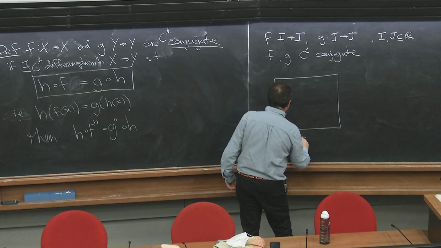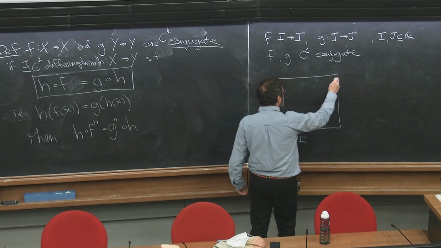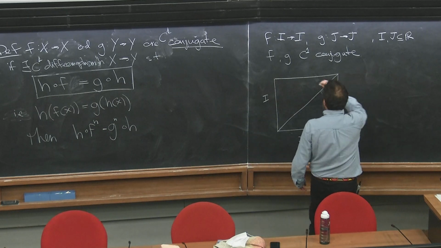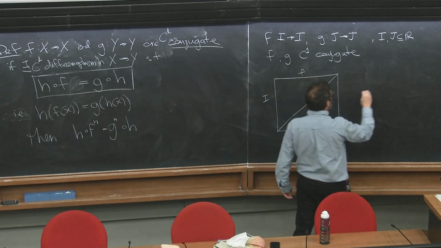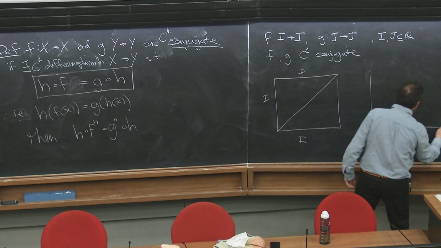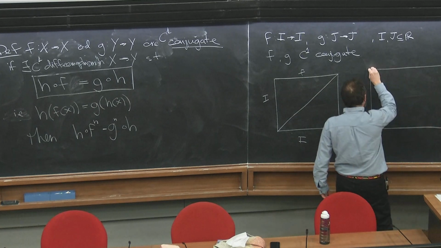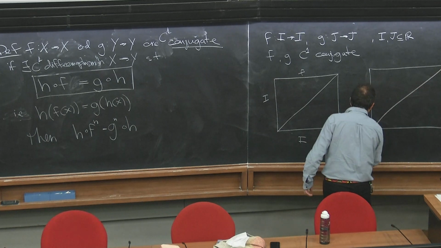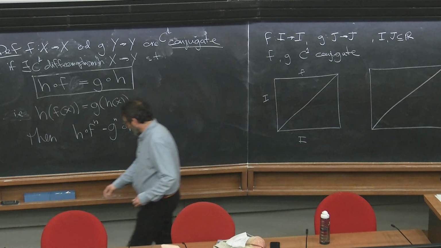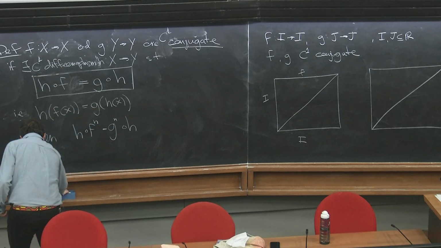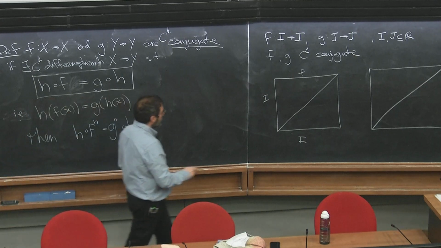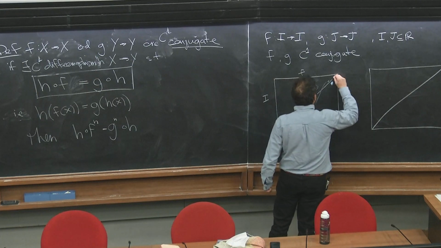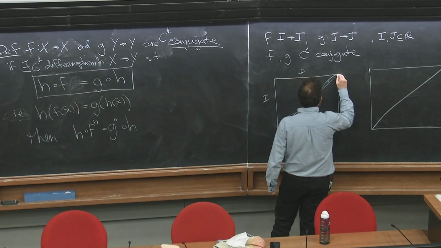So let's suppose that we have two interval diffeomorphisms. This is F, and then we have an interval diffeomorphism, which is G. We remember we said the interval diffeomorphism looks something like this.